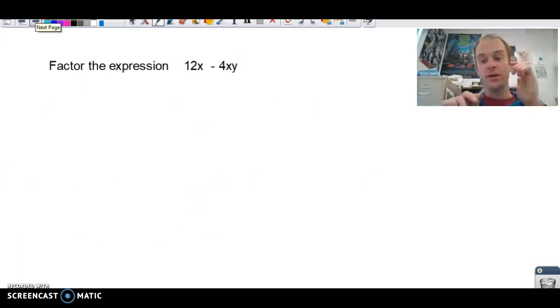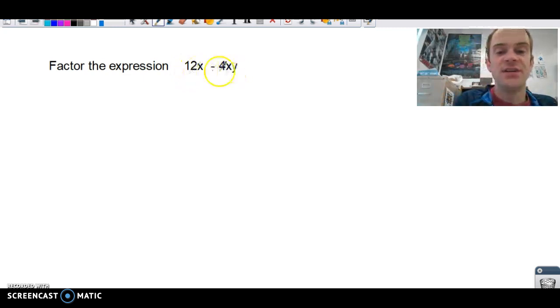Let's look at one last example, and this example is a little bit different because there's not only a number that I can take out of each term. When we're factoring, we're figuring out what's the biggest number I can divide each term by, but also what's different here is I've got a letter that's the same in both terms.